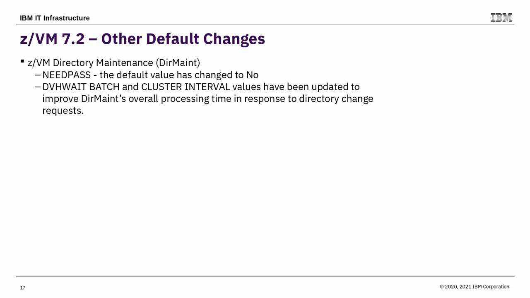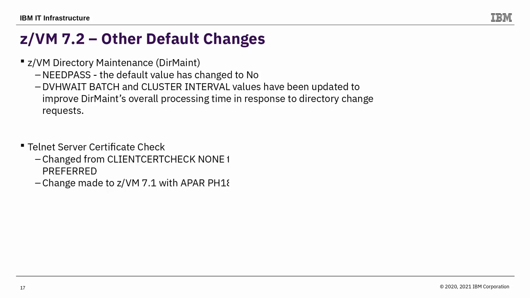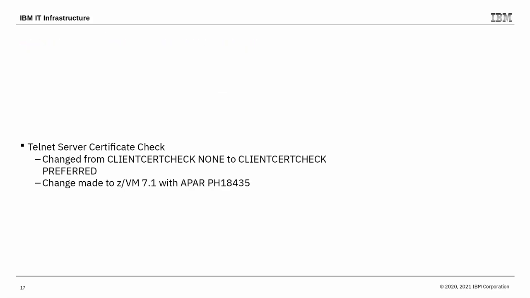These days, when you have lots of changes and changes can trigger lots of things happening at once, reducing that so that you're not waiting for an integral number of seconds between things and it just goes straight ahead and does it can make it really rather snappier to do things with DirMaint. And the SSL TLS certificate check now defaults to preferred, as you would expect with security hardening and becoming stricter as time goes by.